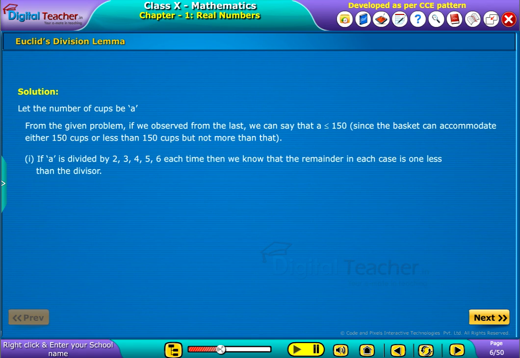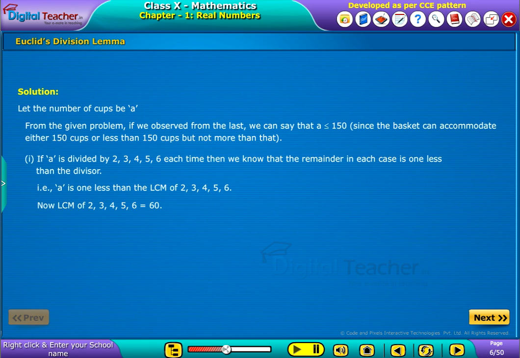If A is divided by 2, 3, 4, 5, 6, each time the remainder is 1 less than the divisor. That is, A is 1 less than the LCM of 2, 3, 4, 5, 6.